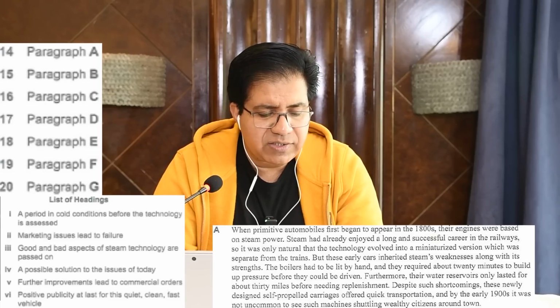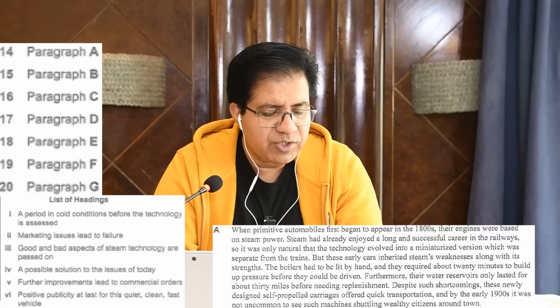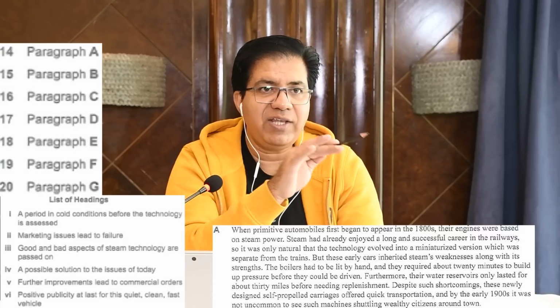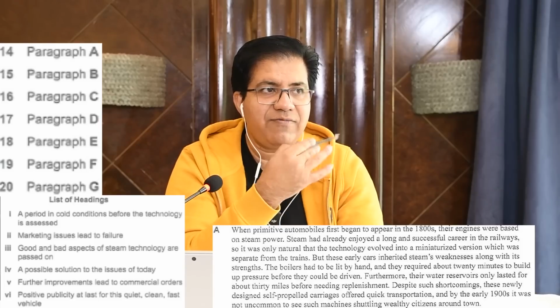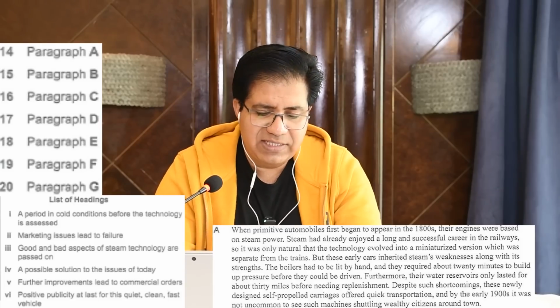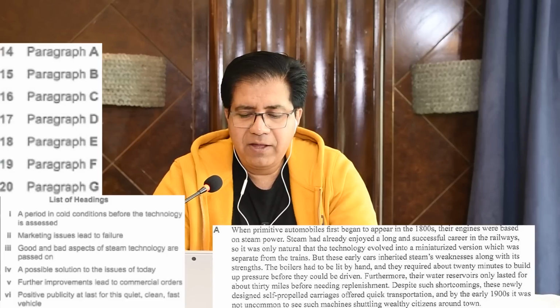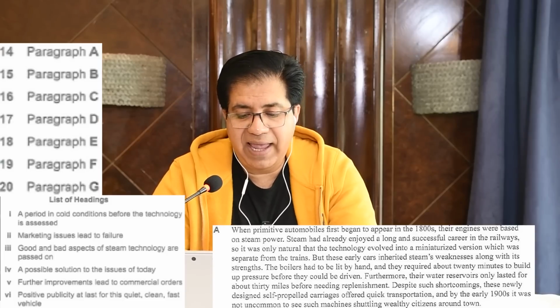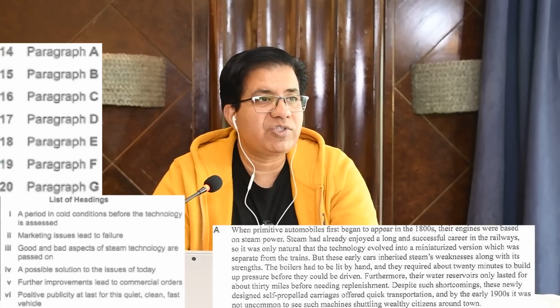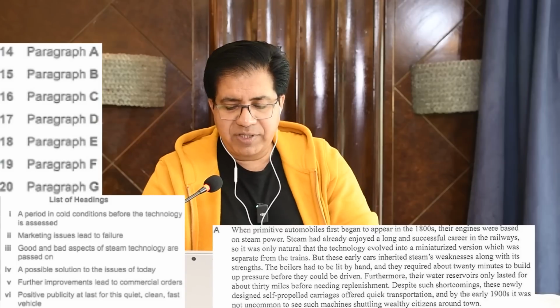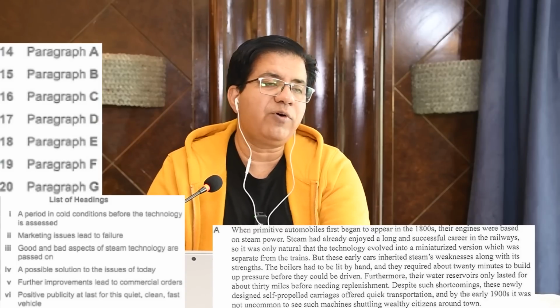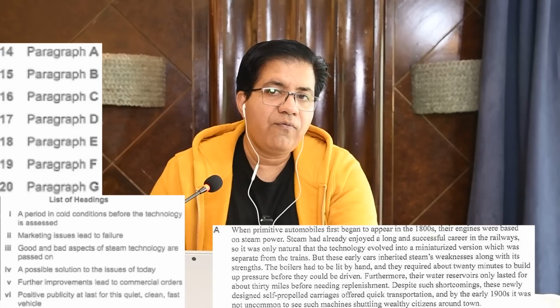But these early cars inherited steam's weakness along with its strengths. Weakness and strengths. Now see, weakness and strengths, and then they talk about that. Weakness and strength means good and bad aspects of steam technology. Heading number 3 is the right answer for question number 14.